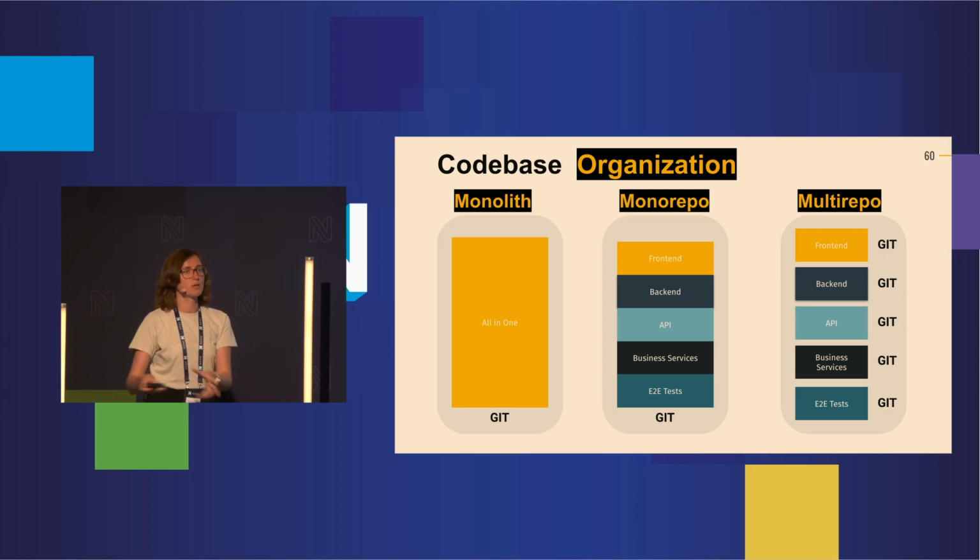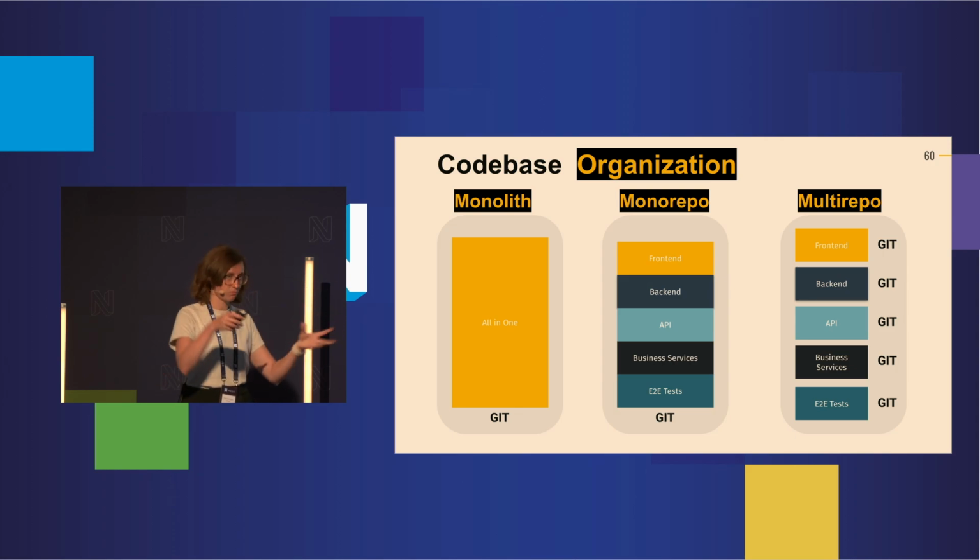So the front-end team can build their own processes separate from the back-end team, and you can build really separate logic and processes based on which part you're working on. The disadvantage is that you also start to get a lot of inconsistencies in multi-repo setups, and then you need to go back and define how to keep some consistency around how the backend and front-end developers work together, for example.